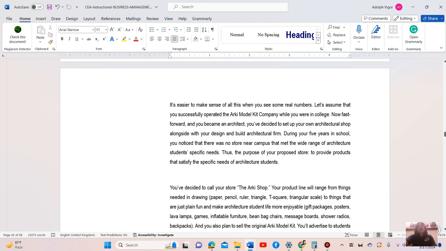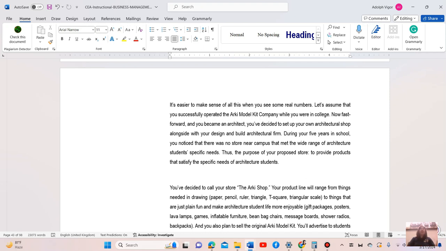It's easier to make sense of all this when you see some real numbers. So let's assume that you successfully operated the Archi Model Kit company when you were in college. Now, fast forward and you became an architect and you decide to set up your own architectural shop alongside your design and build architectural firm because we have to double our income.